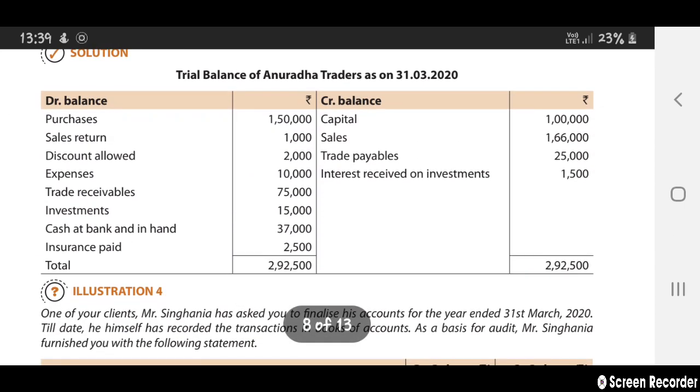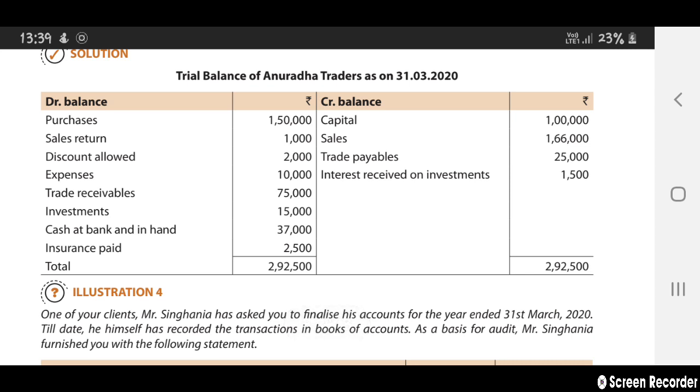Now, the trial balance for Anuradha Traders on 31st March 2020. On the debit side come purchases, sales return, discount allowed, expenses, trade receivables, investment, cash at bank and in hand, and insurance paid.